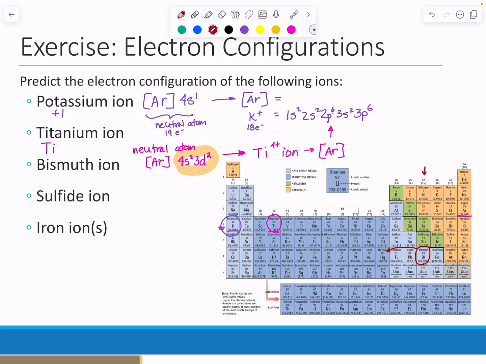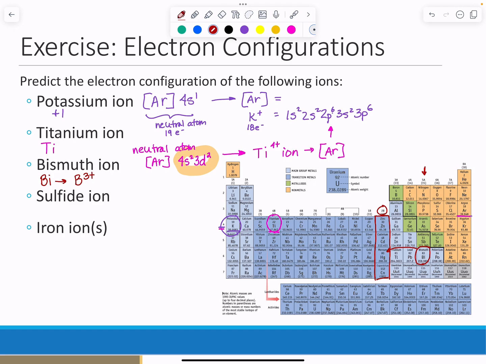So to do that, because that's the closest element that is in group 2B here. Okay. All right. So we would go 1, 2, 3. We'd have to lose 3 electrons. So bismuth becomes bismuth 3+.